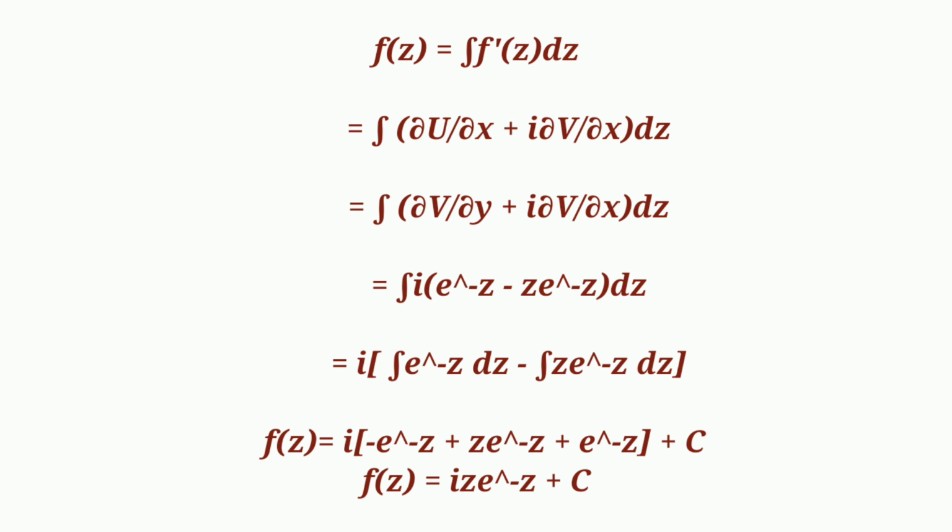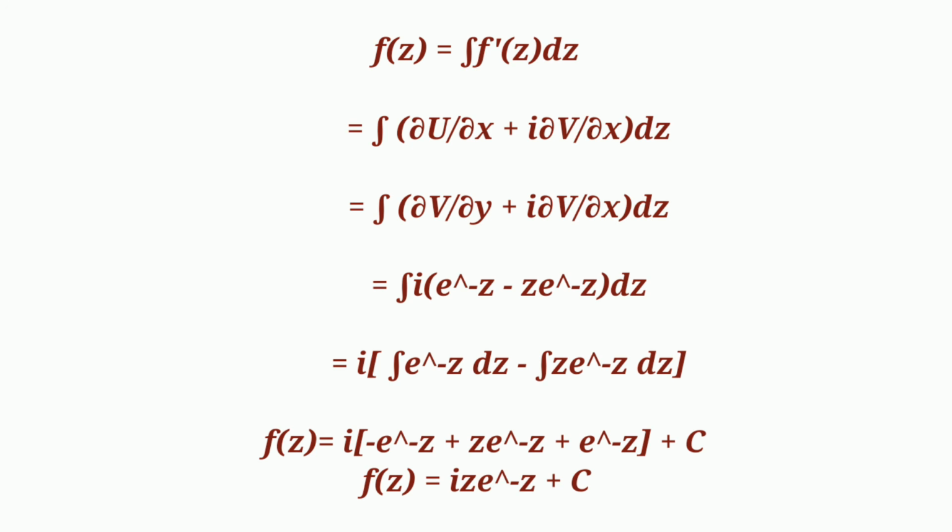Minus of, you write integral of the second term. See, it's a product, so you apply integration by parts. And you can see integral z e raised to minus z is minus z e raised to minus z minus e raised to minus z. Next you open the bracket. You can see it is i into minus e raised to minus z plus z e raised to minus z plus e raised to minus z.